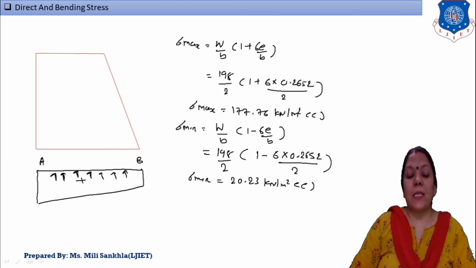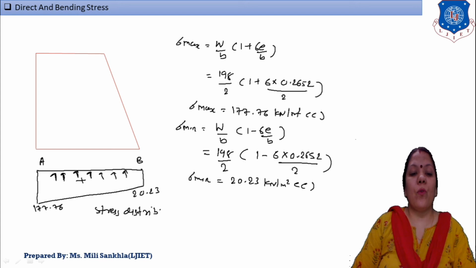And sigma max here is 177.76 and sigma minimum is equal to 20.23, and this diagram is our stress distribution diagram.